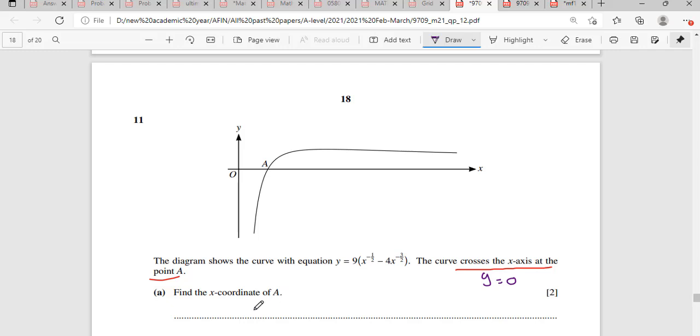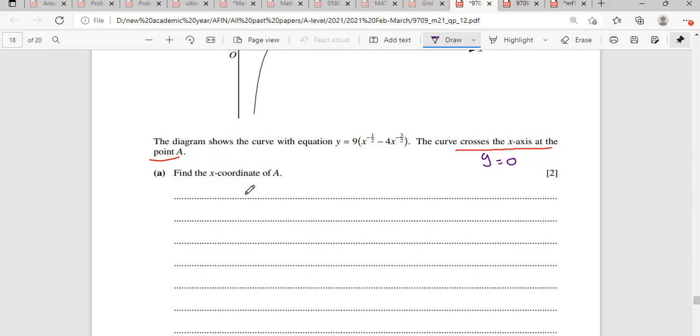So to find A, we just set y as 0 and we solve. 0 is equal to 9 x to the power negative 1 over 2 minus 4 x to the power negative 3 over 2. Okay, this side is 0. If we divide both sides by 9, 0 divided by 9 is still 0, and on this side divide by 9, this 9 will be cancelled. It's equal to x to the power negative 1 over 2 minus 4 x to the power negative 3 over 2.